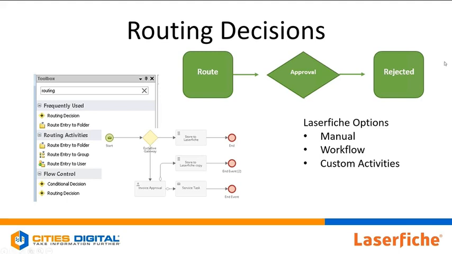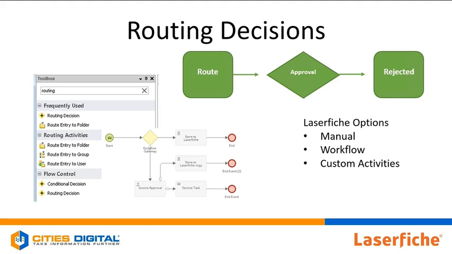As part of these routing decisions and approvals or rejections, you can also set up email notifications. Or if you change a metadata piece within the Laserfiche application, it can push to Forms and create a task for somebody to complete: take a look at this document, it needs approval, or why did this get rejected, figure it out.